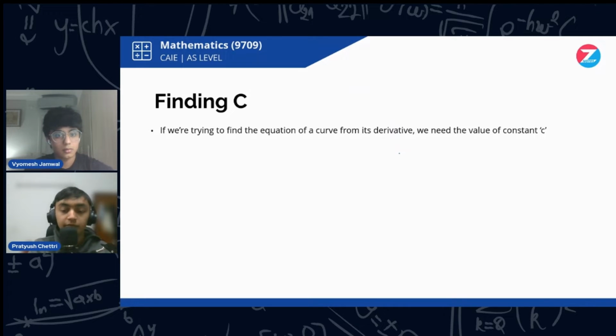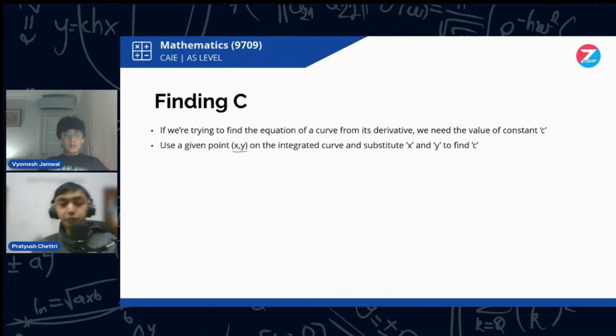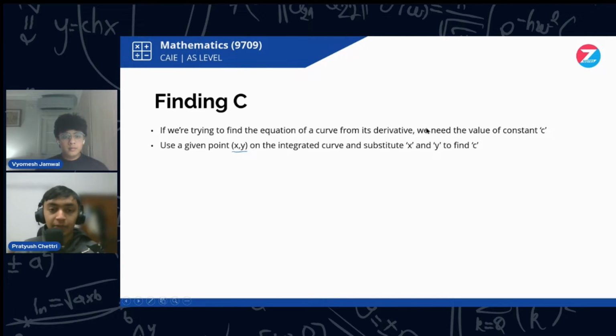So how do we find that? Well, the idea is simple. You always, or usually, in any case, have the information you require to find a point on the curve, and you can substitute the x and y values into your equation of the curve and find c.